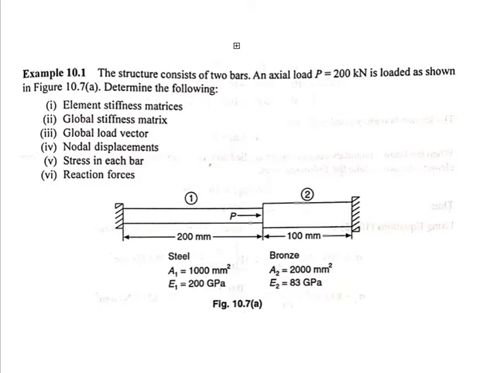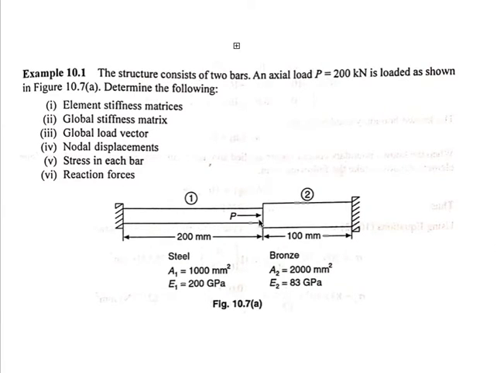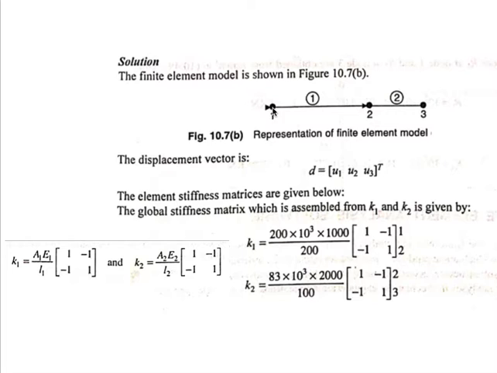First step: this is what we have converted into a finite element model. As you know, this is node 1, node 2, and node 3. Node 1 to node 2 is element 1, and node 2 to node 3 is element 2.